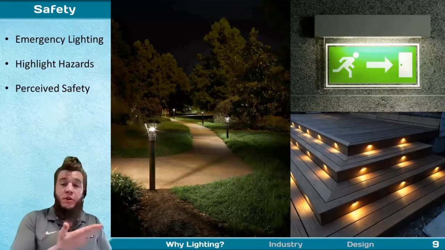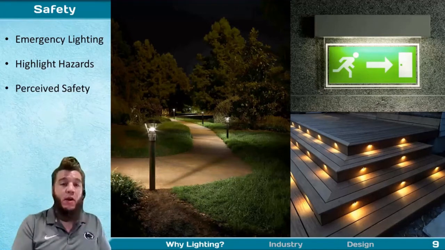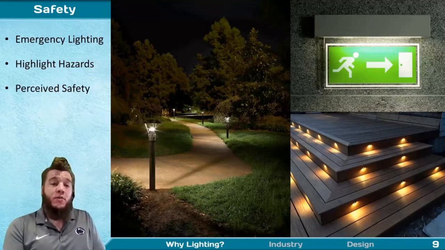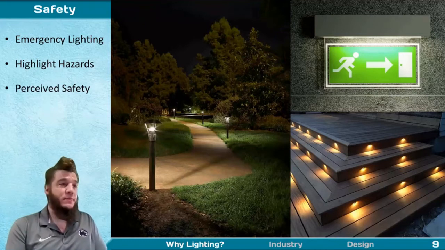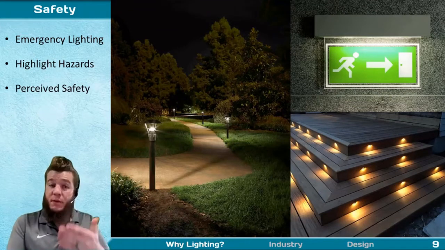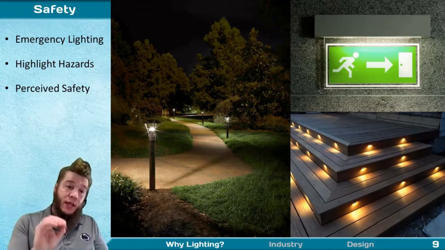Or perception of safety. For example, a park at night needs to be well lit in order for anyone to actually consider using that path at night. Now, this doesn't necessarily mean you're safer, but nonetheless, the perception of safety is crucial, and lighting does deliver that.